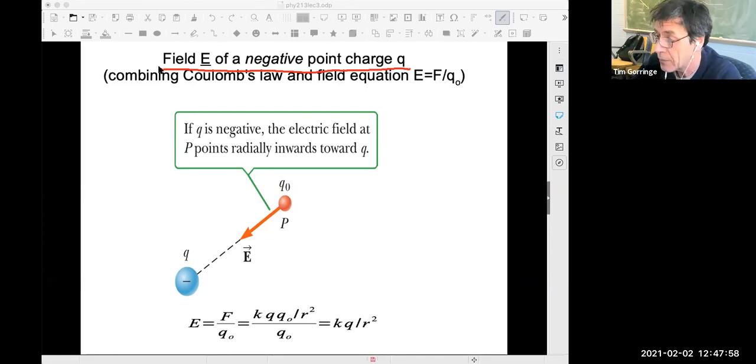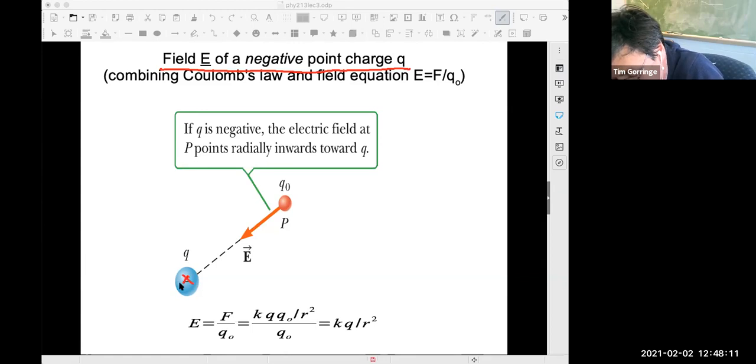So again, I could figure this electrical field of a negative point charge using the field equation. And that's what I've pictured on this slide. I've imagined, again, putting the source charge, it's negative now, over here on the bottom left, and putting my positive test charge up here on the top right. They're separated by some distance r.